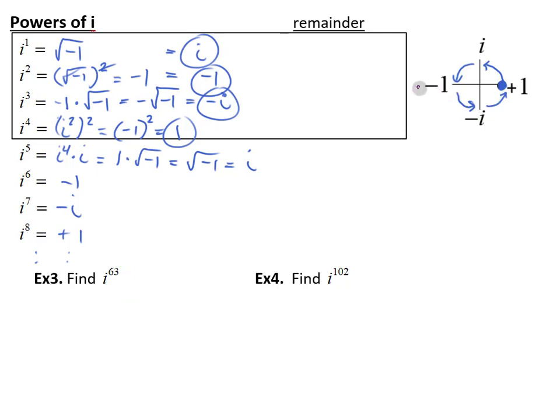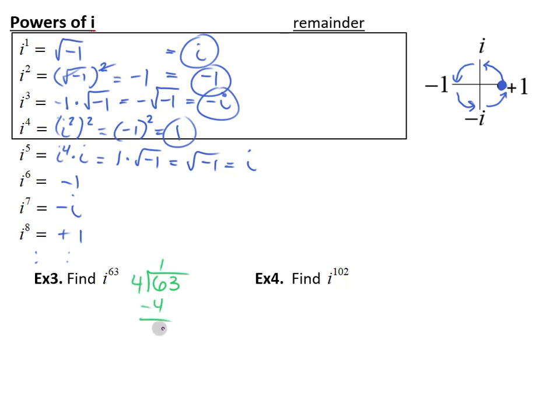So instead, we want to find a faster way. I know this thing repeats itself every 4. So one question I ask myself is, how many times would this go through that 4 cycle? I can figure that out by taking my number, 63, and dividing it by 4.